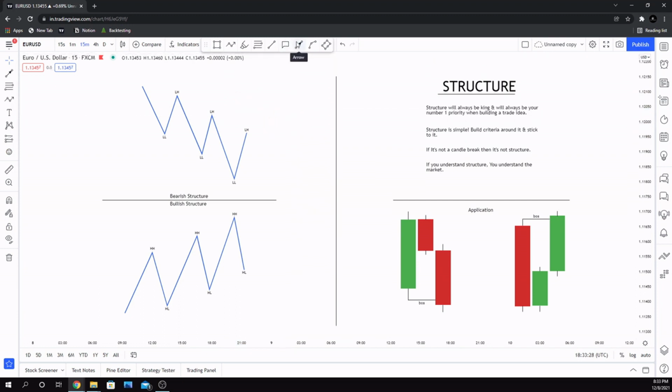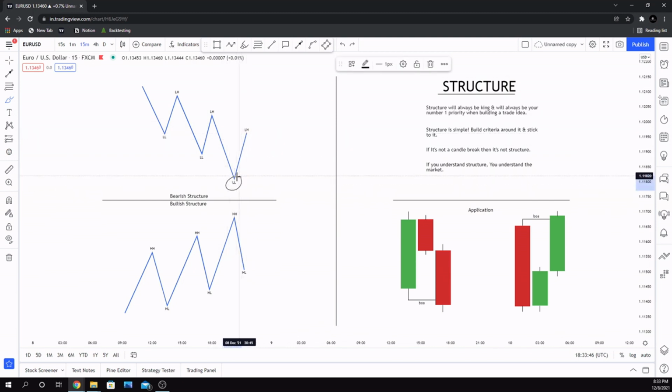So if a lower high gets taken out, then our expectation goes from bearish to bullish. Touching on that in this example, we would need to take out this lower high to shift the trend.